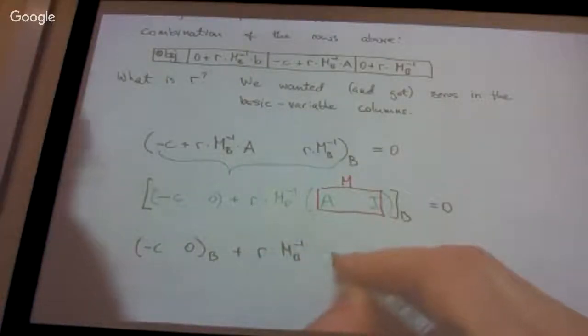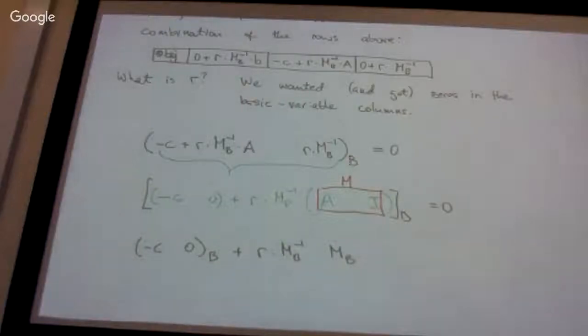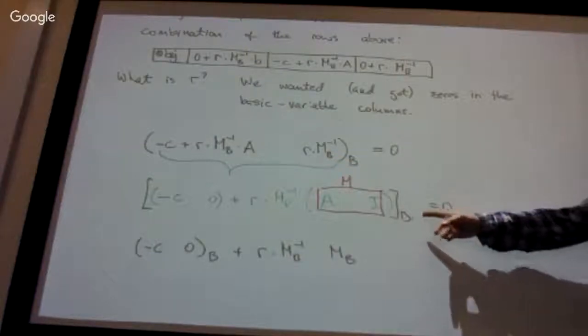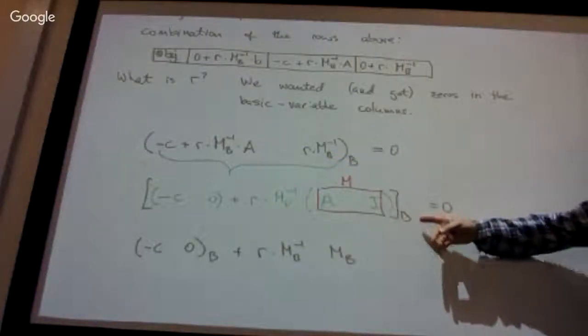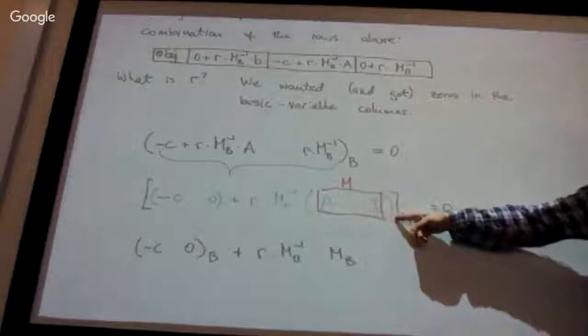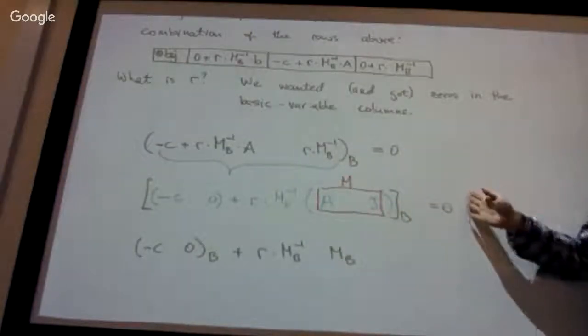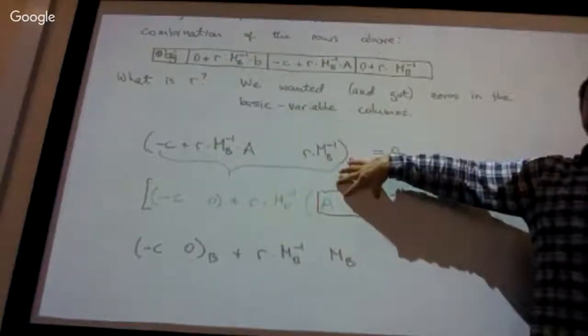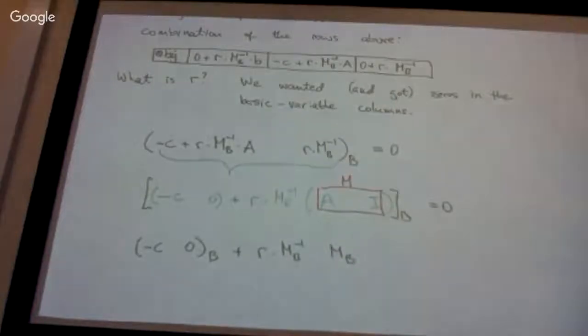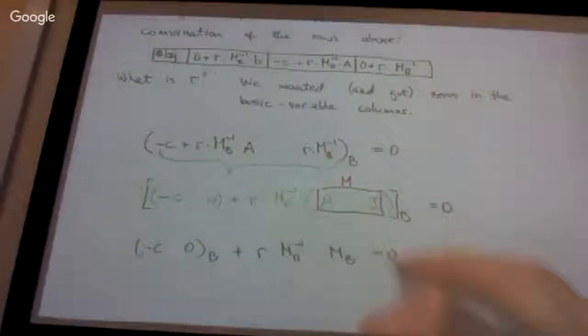And from this matrix, I only select the columns that correspond to the basic variables. And again, this is the same trick we did last week. We don't have to do this multiplication first and then select the columns. What we can do is select the columns here and then do the multiplication. And so this is equal to 0.